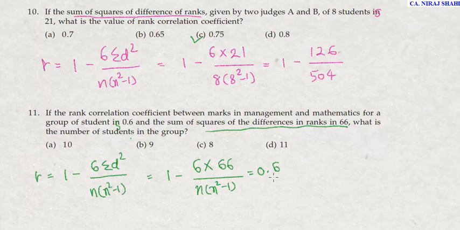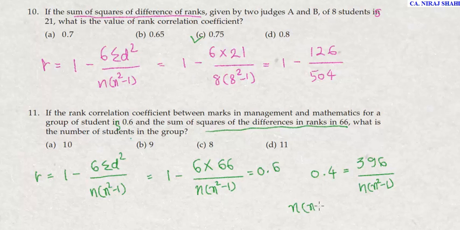0.6. So now what we can do is we can take this 0.6 on the left side of the equation and it will be deducted from 1, so we will have 0.4 is equal to 66 into 6 is going to be 396 actually, and divided by n into n square minus 1.